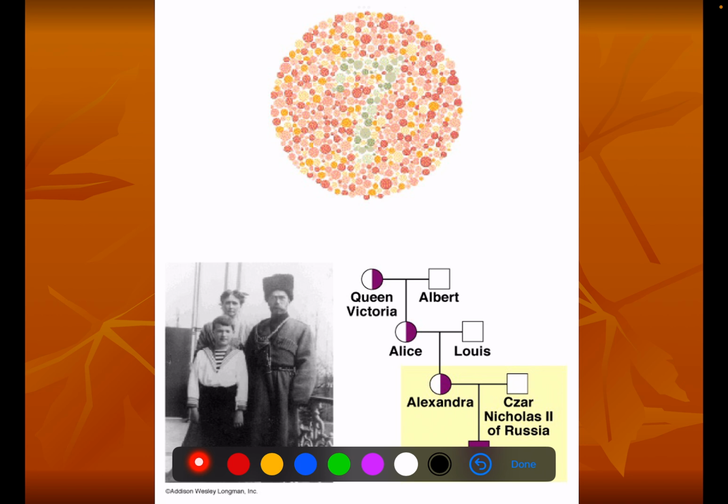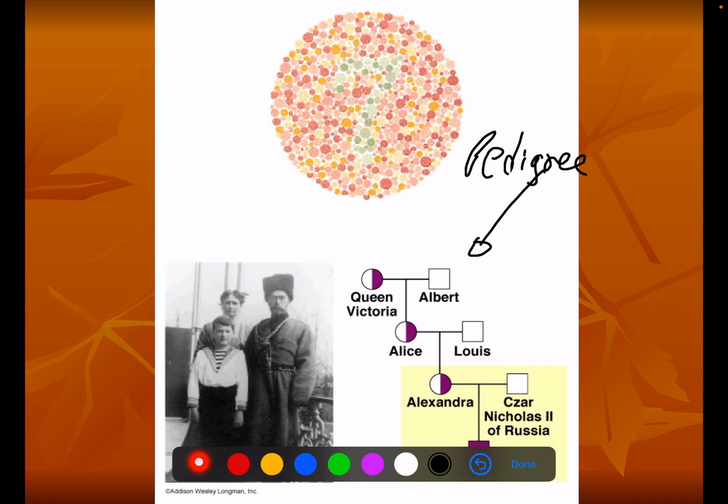All right, here's a swatch showing how we might determine if a person is colorblind. A person that's colorblind can't distinguish red and green. They would just see gray or the same hue, and they wouldn't be able to see the 7. And in this image right here, I'm showing what's called a pedigree.